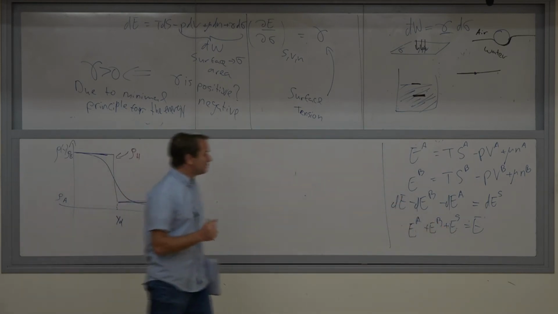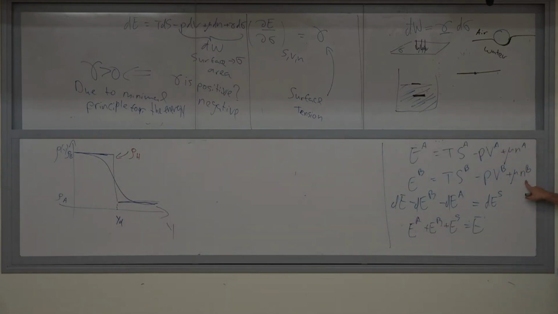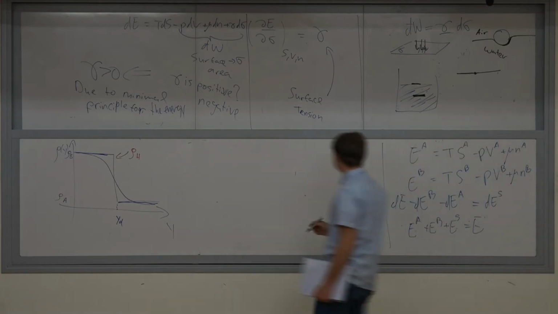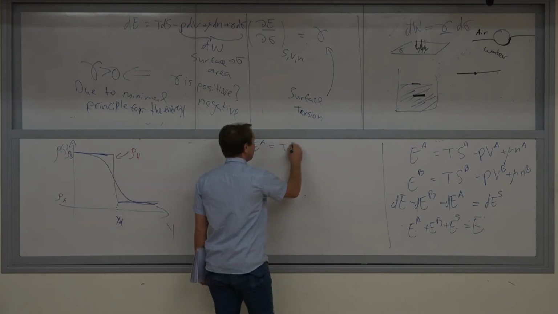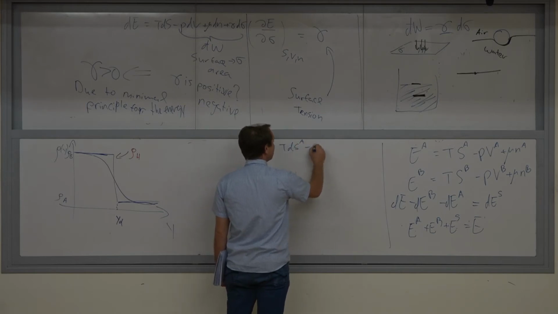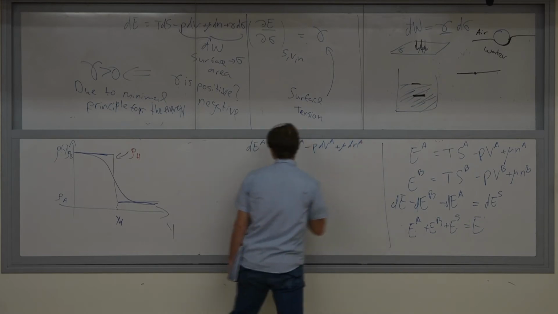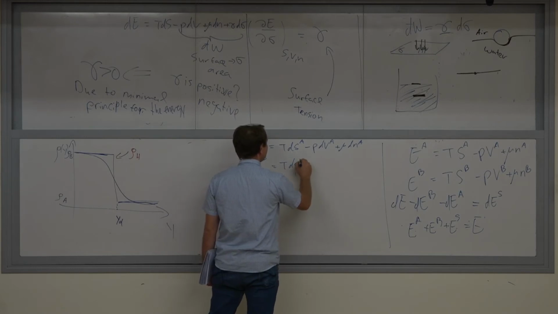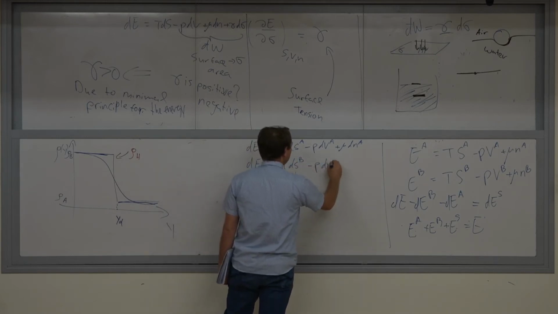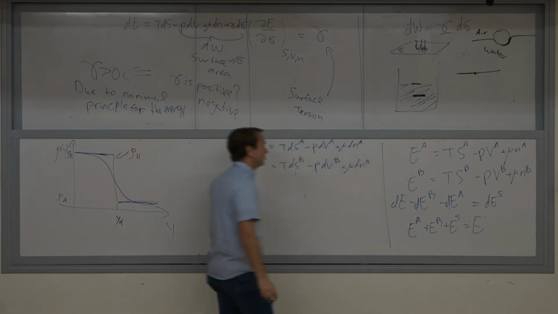Now remember that N_A plus N_B is the total number of particles. V_A and V_B is the total volume. So dE_A is T dS_A minus P dV_A plus mu dN_A. dE_B equals T dS_B minus P dV_B plus mu dN_B.